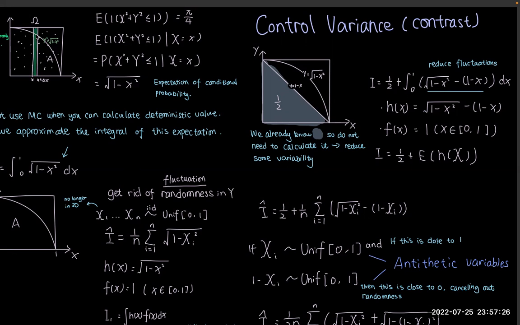Since x squared plus y squared equals 1, and for fixed x, y equals the square root of 1 minus x squared. So the height is the square root of 1 minus x squared.